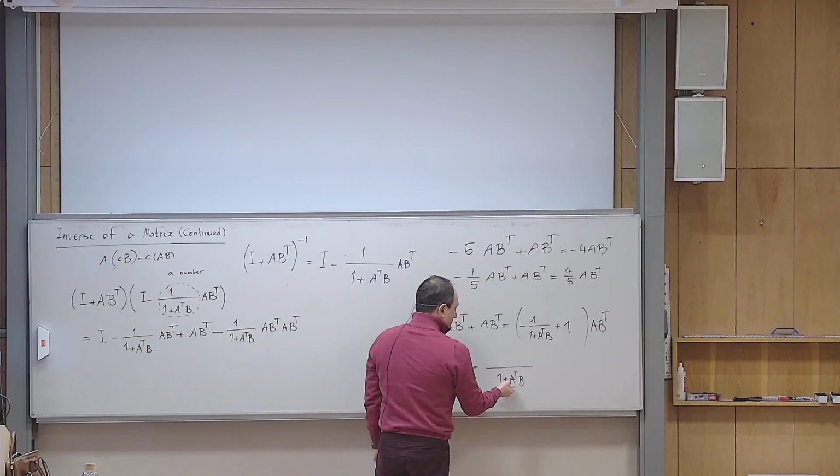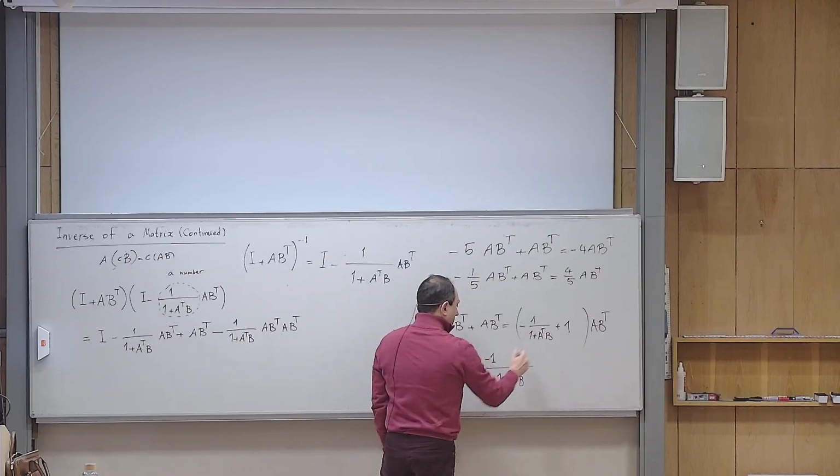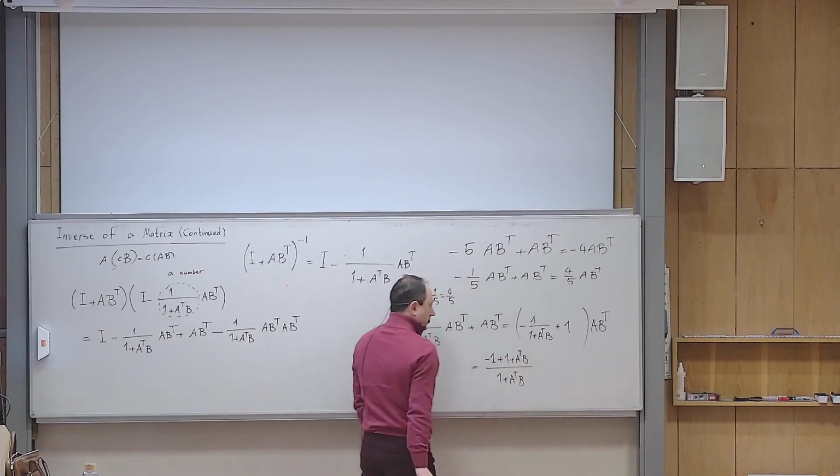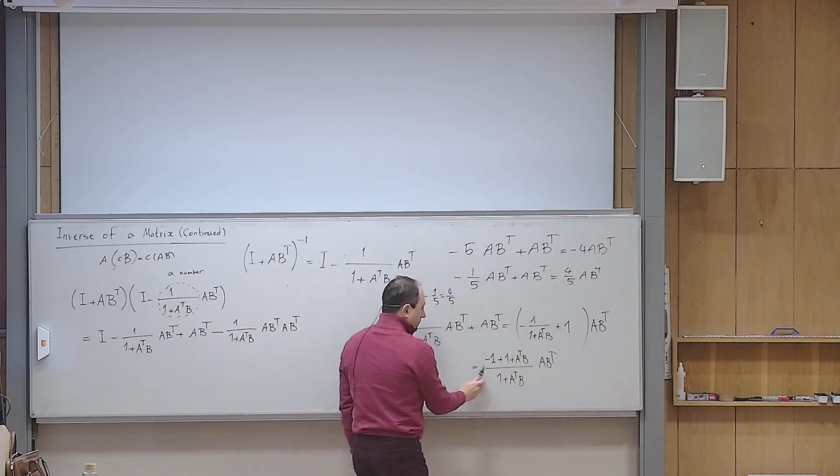Okay, so this one will not change anything here, so it's -1. But this one will be multiplied here. And then I also have this matrix in front. This is just a number, but then -1, whatever, it is cancelled.